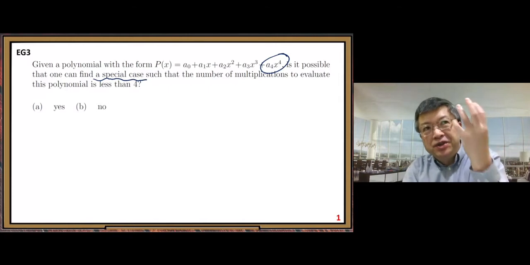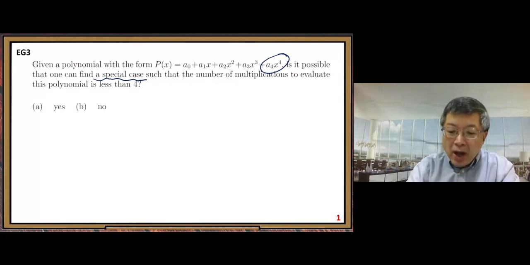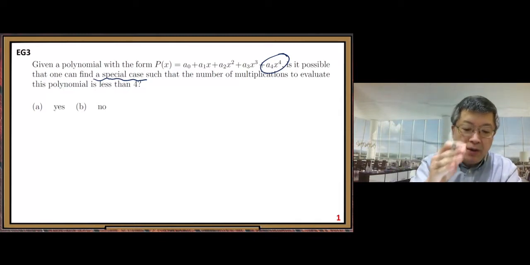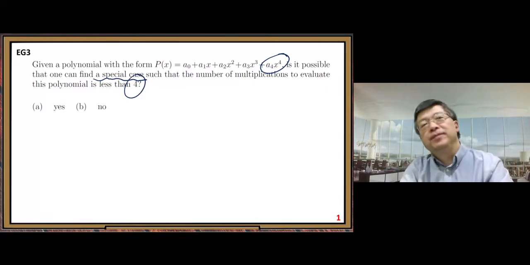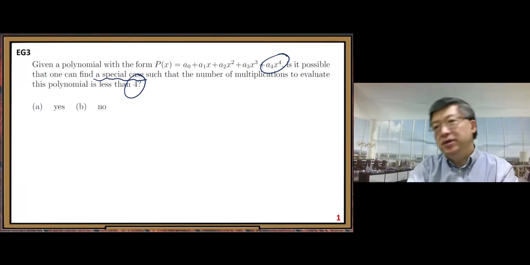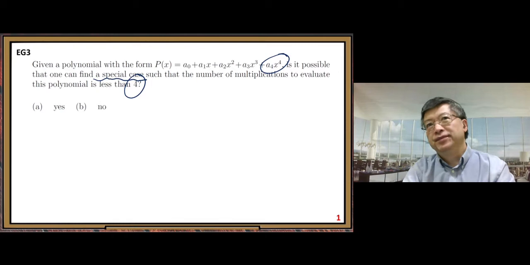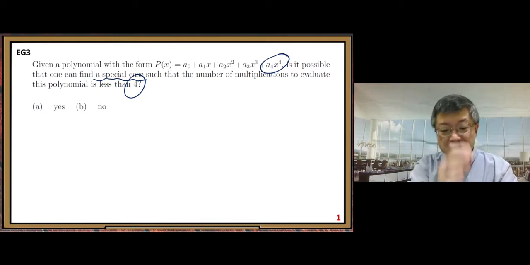Pay attention to this key phrase, such that the number of multiplications to evaluate this polynomial is less than 4. That's the question. Yes or no? Correct or not? Think about it.